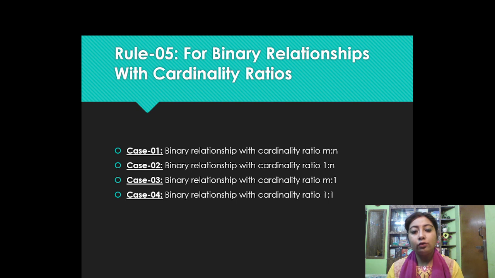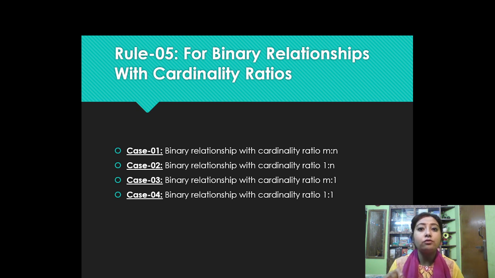Now, next, rule number 5. As per rule number 5, the binary relationships with cardinality ratio. Before starting, what does cardinality ratio mean actually? In a relationship, when two entities are participating, there can be a 1:1 relation, where one entity set can participate with only one entity set of the second one, or 1:many, many is to one, or many is to many.